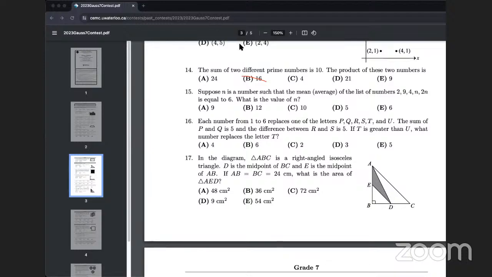And 4 times 4 would also be 16, but that doesn't equal 10, and those aren't prime numbers either way. And 4 is also out because the only way you'd get 4 is 2 times 2, but it's two different prime numbers, and 2 plus 2 doesn't equal 10.